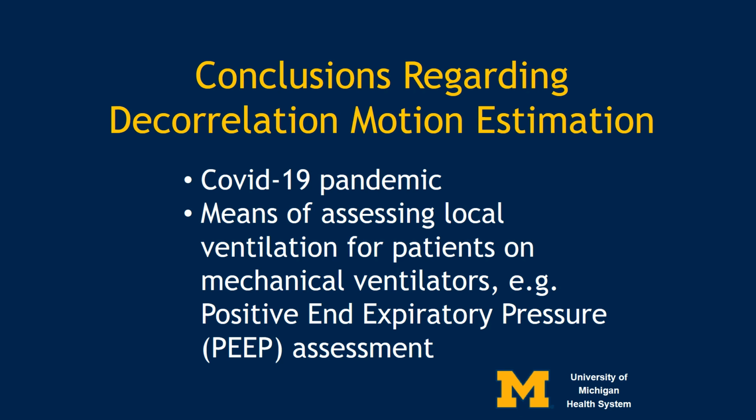Presently, it would be very difficult to evaluate positive end expiratory pressure in each patient separately using the presently used metrics. However, using decorrelation, it would be possible to make this evaluation in each patient separately.